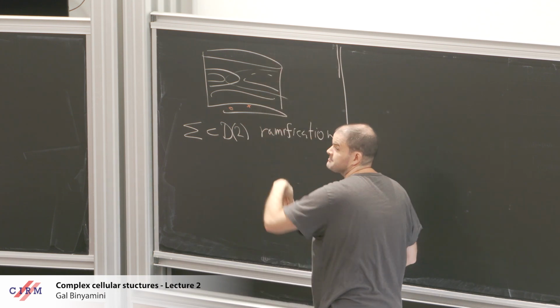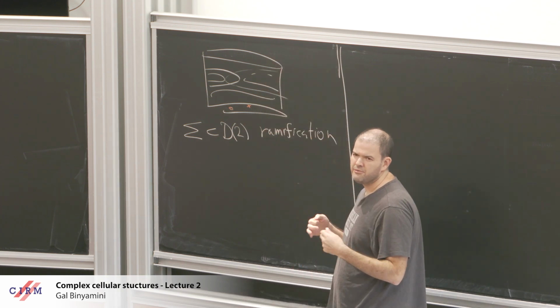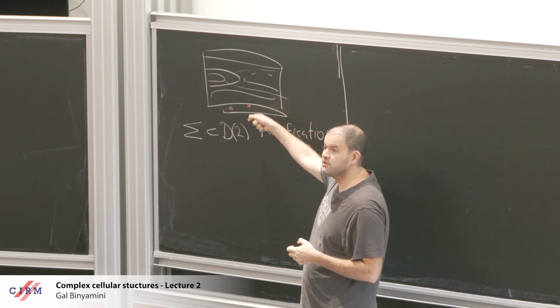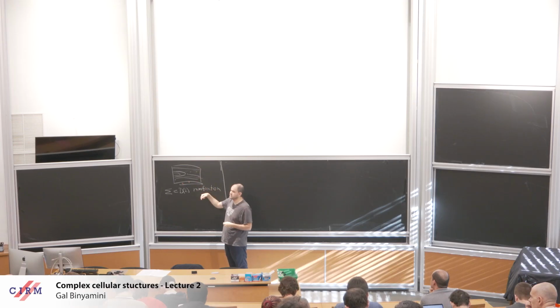And then I said that if you think about it, whenever you have disks or annulus down here, you can just invert the map and you will get a map into the curve.